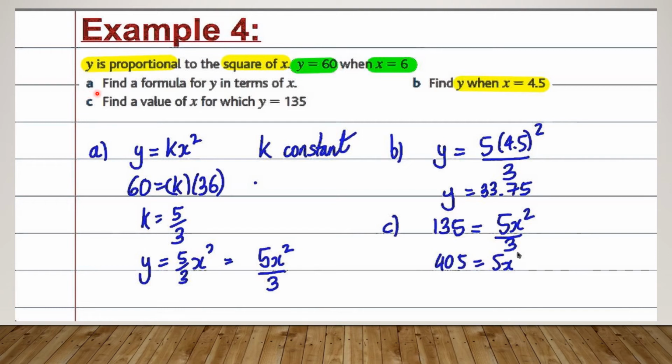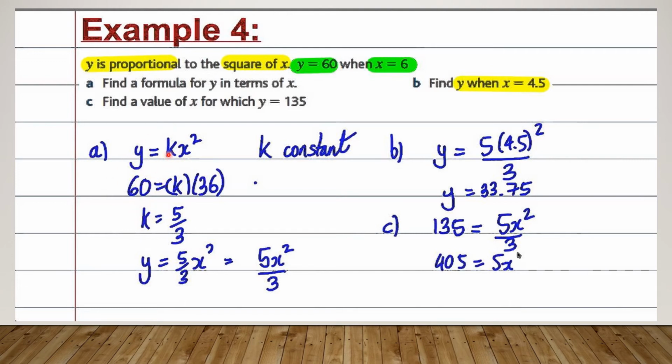Now the first part is find a formula for y in terms of x. You have to find a formula, writing y in terms of x. For example, the formula will remain the same for part a and part b, but now the value of y is not given, the value of x is not given, we have only the value of k.